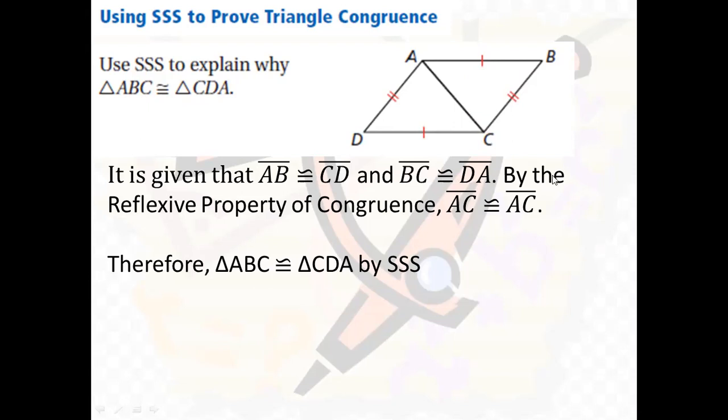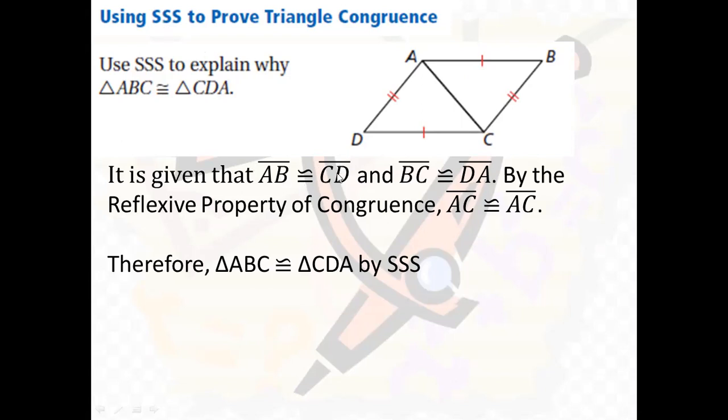Now the next sentence is going to be by the reflexive property of congruence. Reflexive property means that something is equal to itself. Because we are talking about congruence of a triangle, they use the words reflexive property of congruence. We already said two sides are equal because we have to use three sides; SSS means three sides.